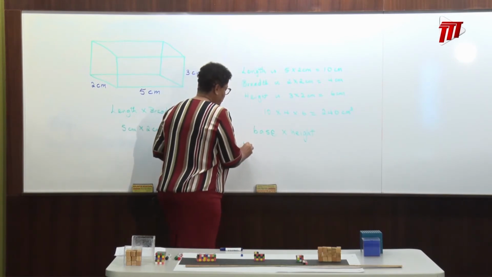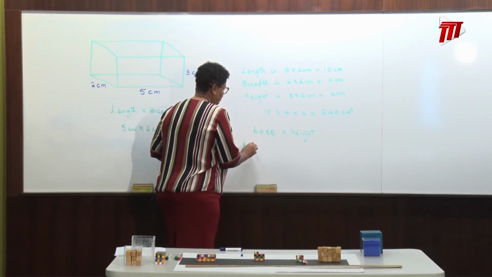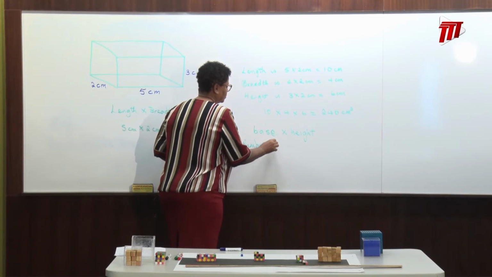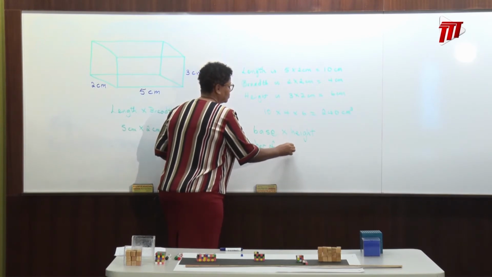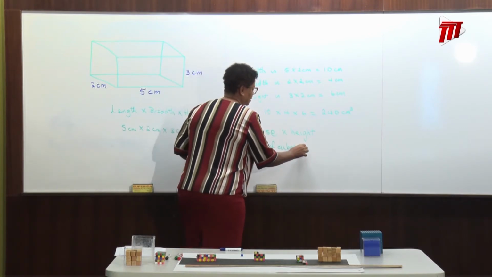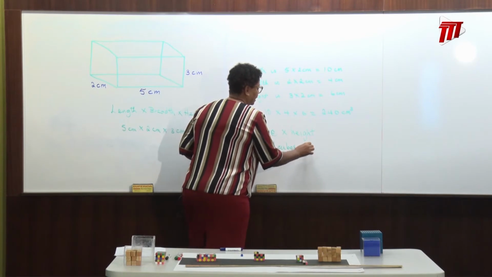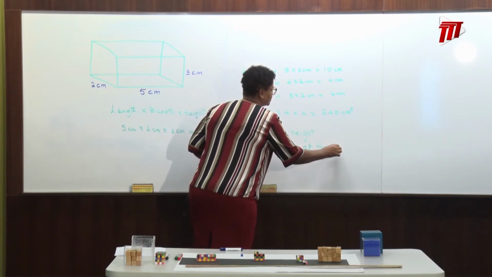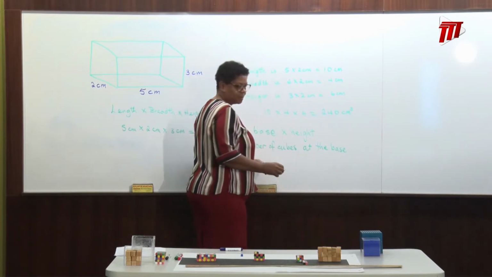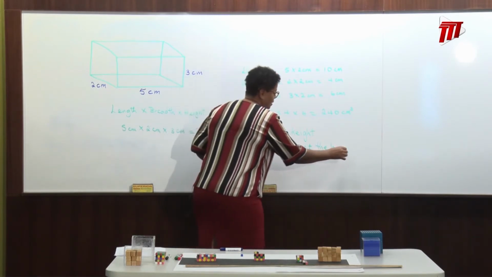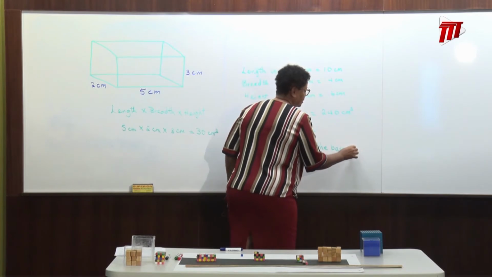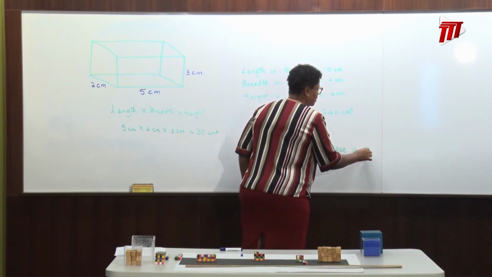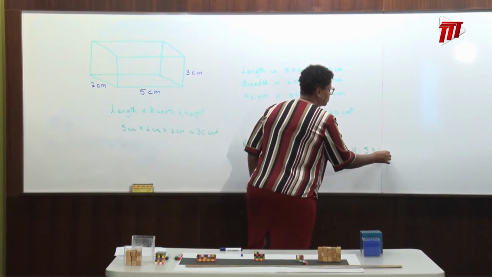So the number of cubes at the base will be 5 multiplied by 2, which is equal to 10.